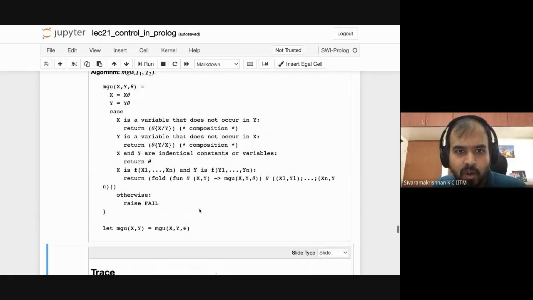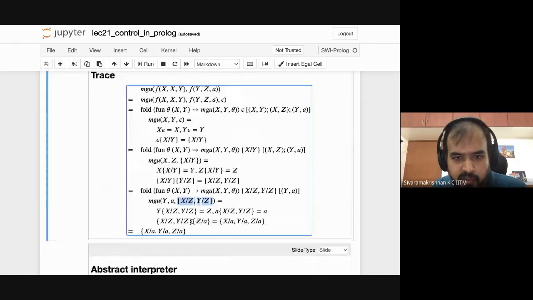So what you do, you take the current theta and then compose it with z slash a. You take the current theta, which is this term, and apply z slash a on it. So you replace the z's with a, and then you also add z slash a here. So this becomes x slash a, y slash a, z slash a, and you're done with the fold.